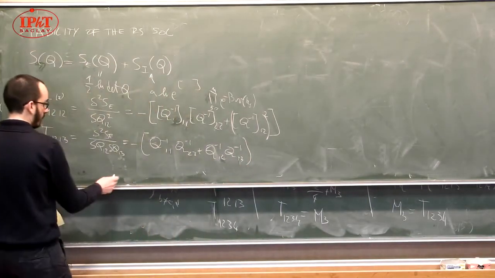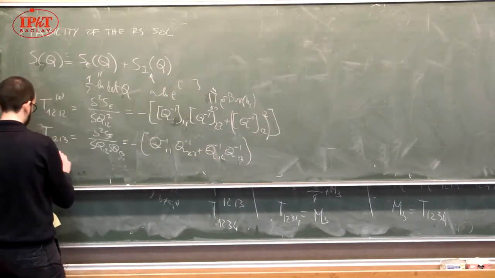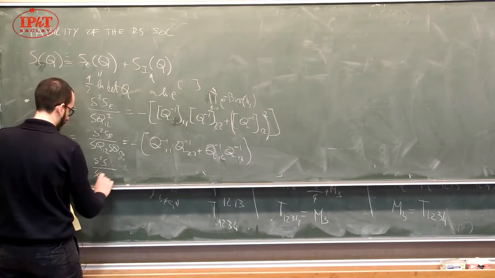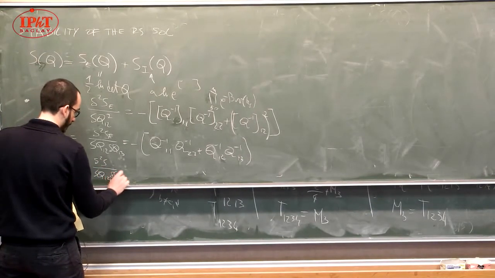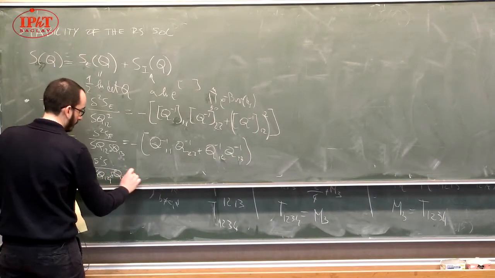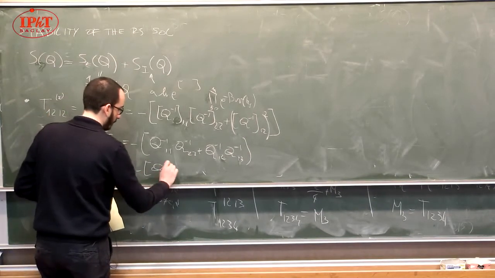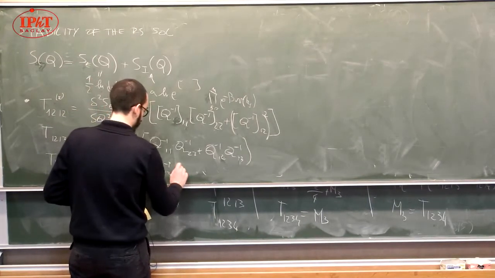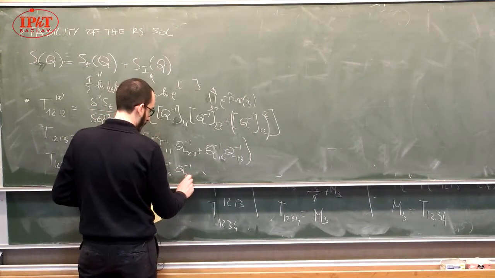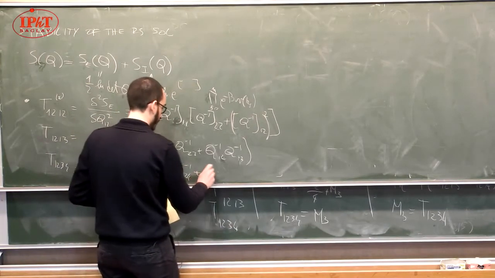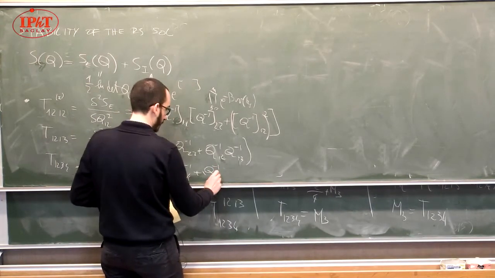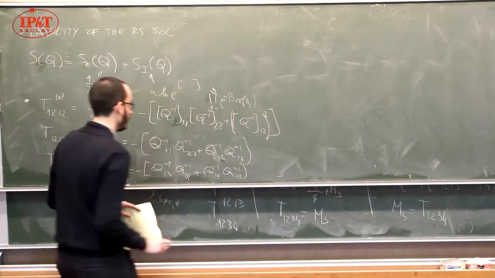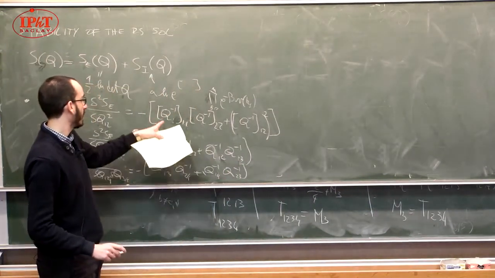And then you have the last one, that is 1, 3, 2, 4 plus 1, 4, 2, 3. Okay, and you have to compute this at the saddle point, right?